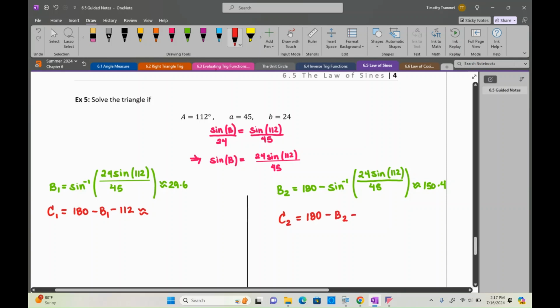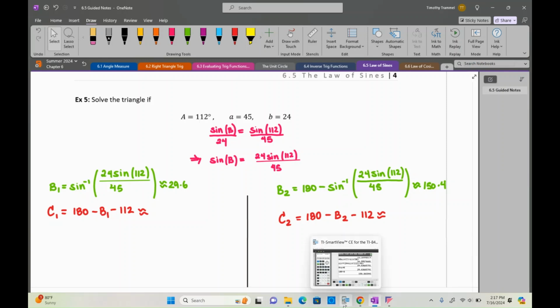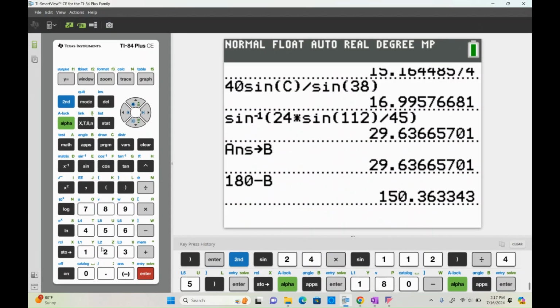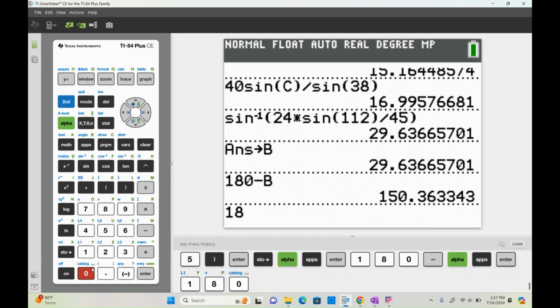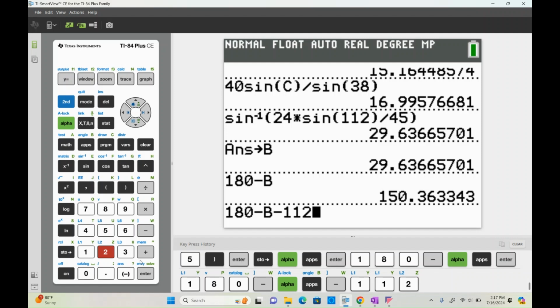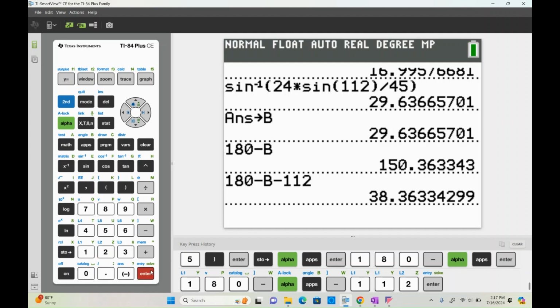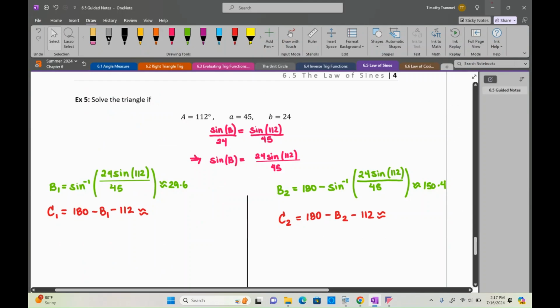But we still have that angle A, 112. Let's see here. So let's do 180 minus alpha B, which is B1, and then minus 112, which was A. And so that gives us a 38.4. So let's go record that.